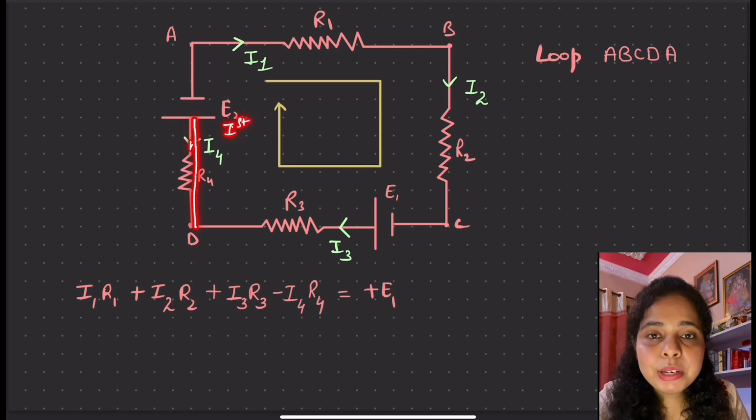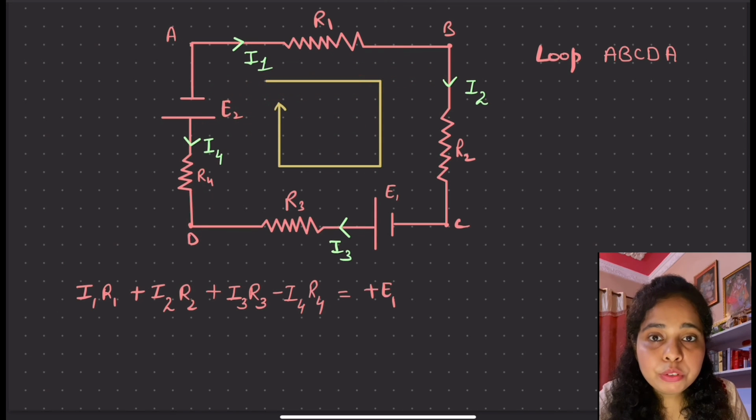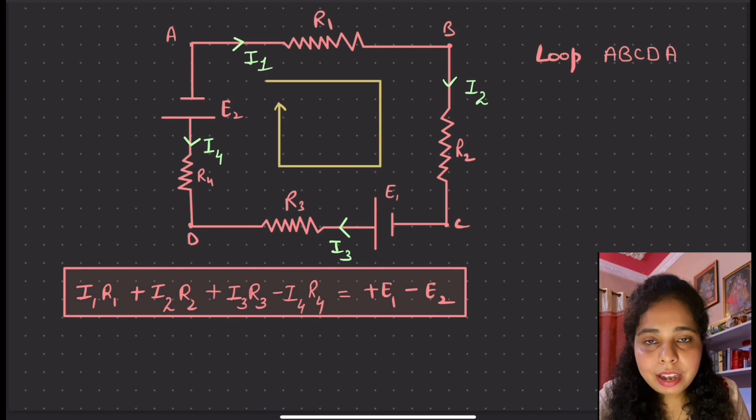The second terminal while moving from D to A is the negative terminal. Therefore, on the other side of the equal sign, we will write minus E2. So by applying Kirchhoff's loop rule, we have the equation I1 R1 plus I2 R2 plus I3 R3 minus I4 R4 is equal to E1 minus E2.